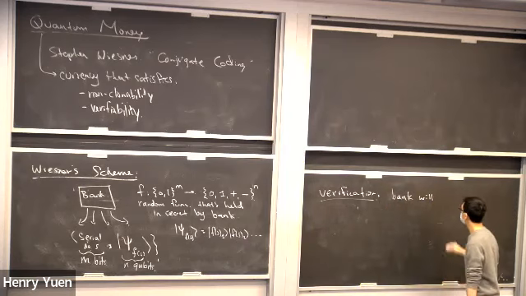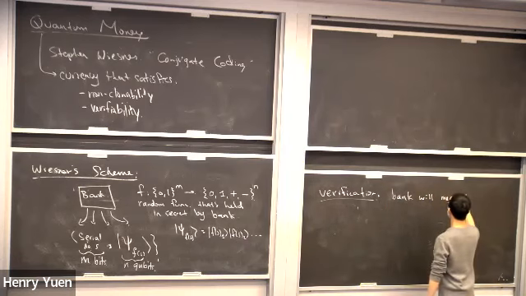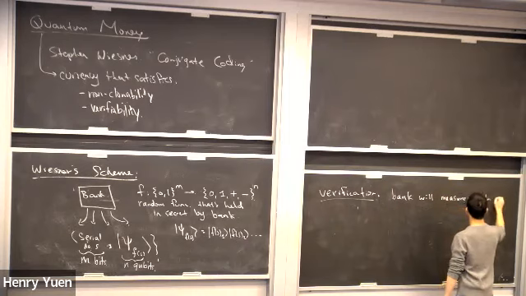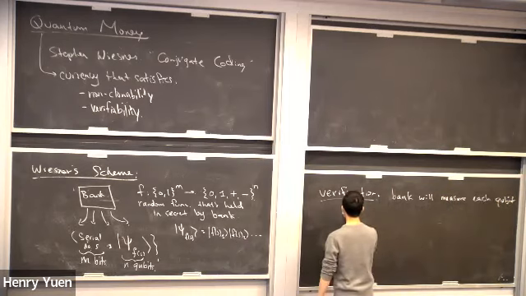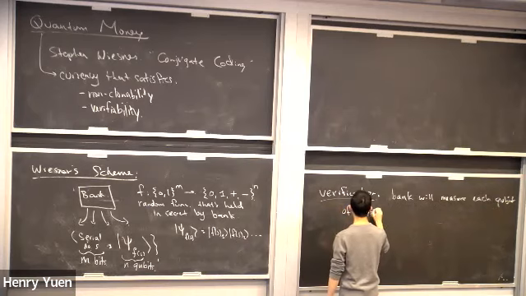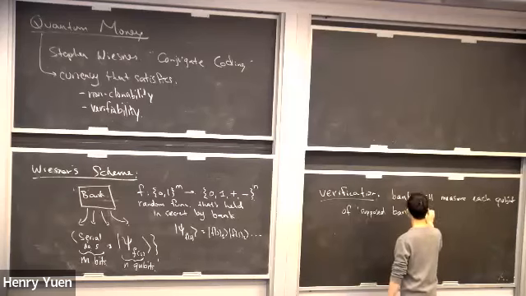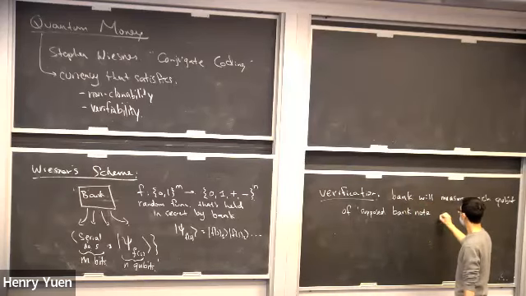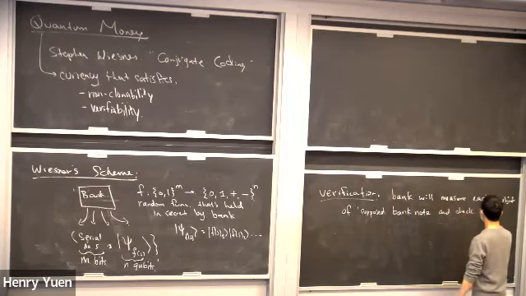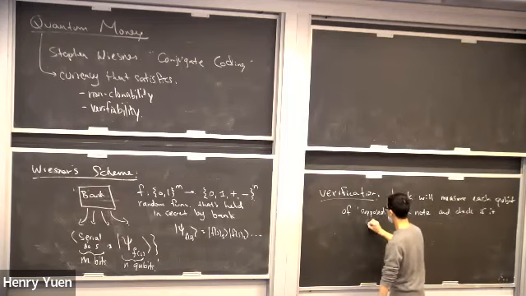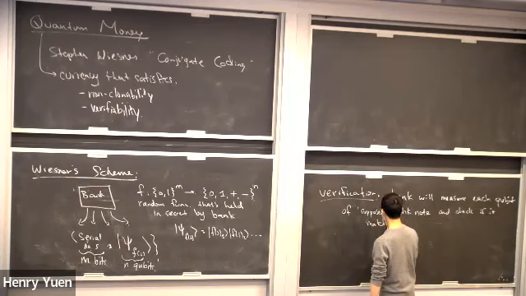So the bank will measure each qubit of the supposed banknote and check that it matches f of S. So each time I want to buy a cup of coffee, I need to go to the bank?